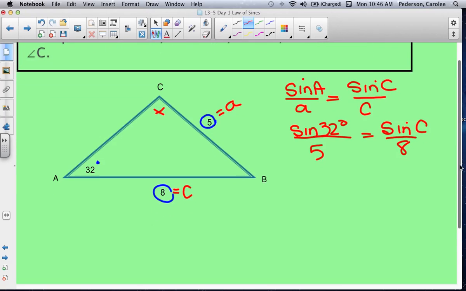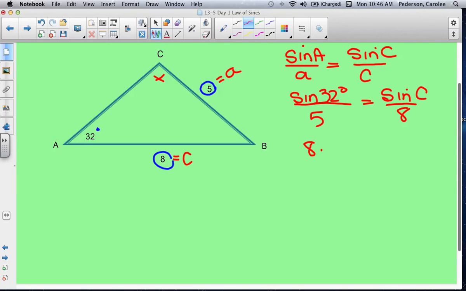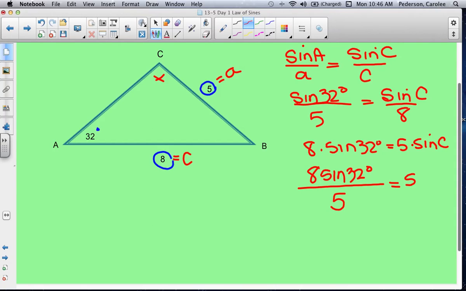Use cross multiplication. So 8 times the sine of 32 degrees equals 5 times the sine of C. And then we want to get that sine of C by itself, so we divide both sides by 5. So 8 times the sine of 32 degrees over 5 equals the sine of C. So I'm going to just simplify that fraction. 8 times the sine of 32 degrees is 4.239 divided by 5.